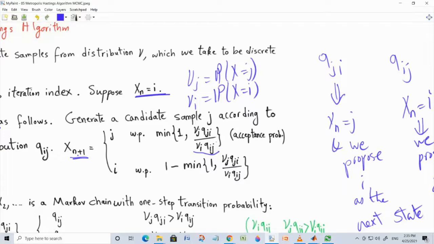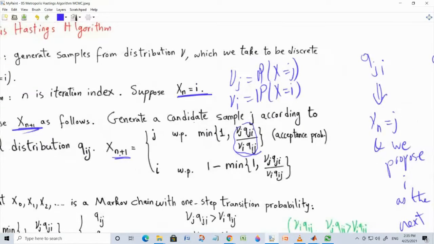Hopefully, in the next coming 10 minutes, we will get some understanding. And of course, there is nothing preventing this quantity from being greater than 1. It's the ratio between two things, and from everything that I have said, nothing constrains this ratio to be less than 1, but we want this to be an acceptance probability.